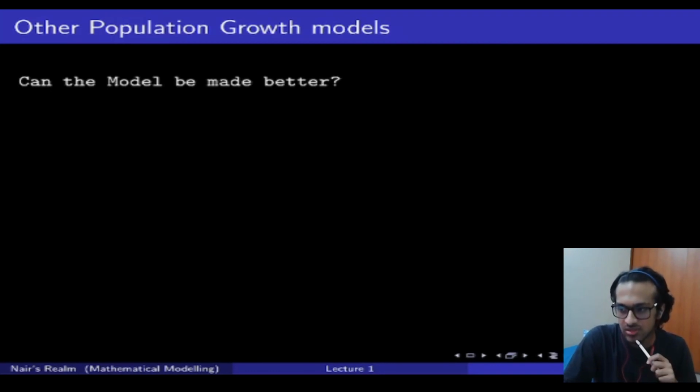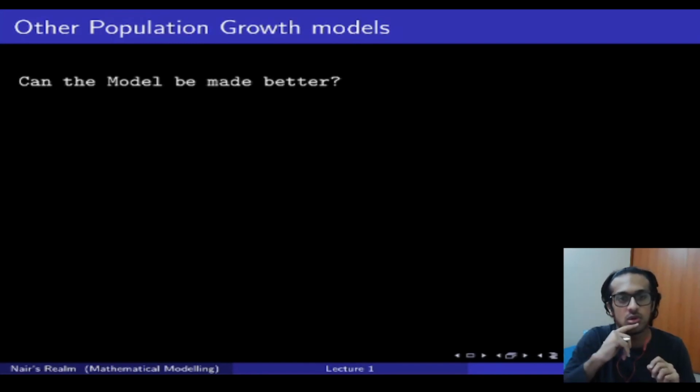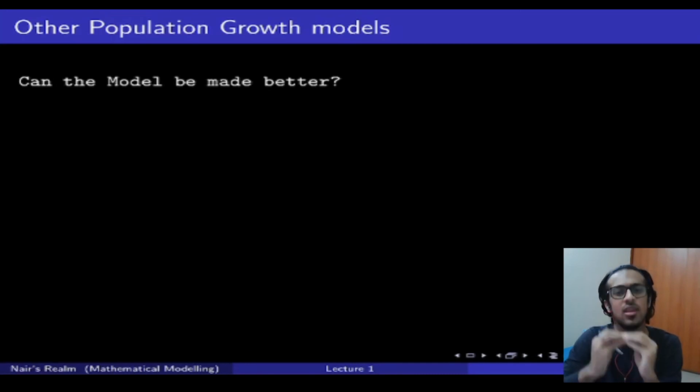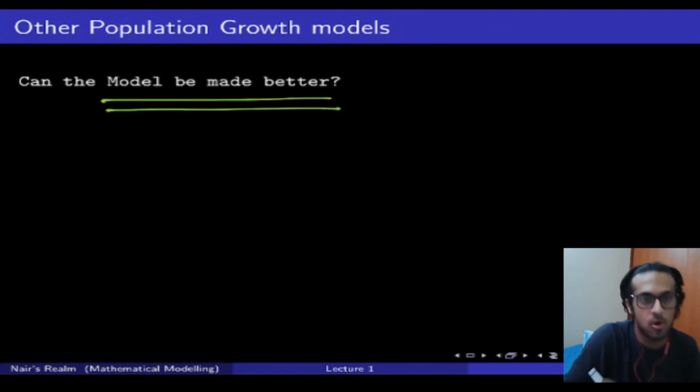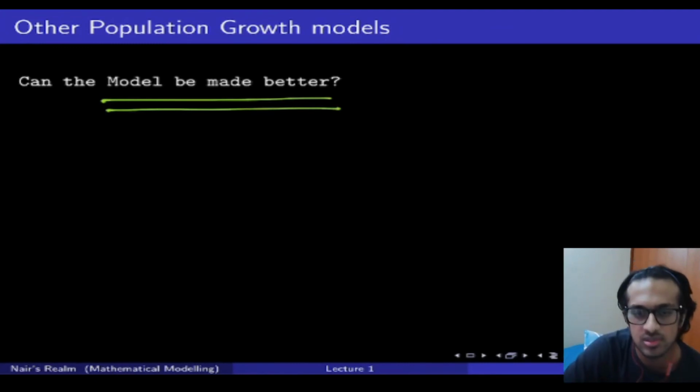So we can't just assume that we can let the population grow, and that's not happening, in fact. That's why people have taken measures to prevent the population from growing. So if you're able to answer this one question, how can I model the effect of there being a resource crunch, then you will end up with a much better mathematical model for population growth in today's scenario.